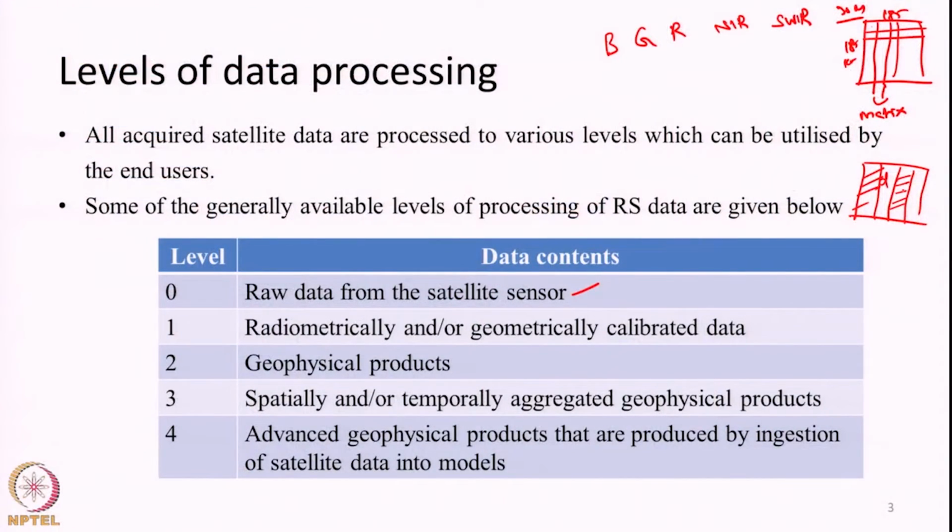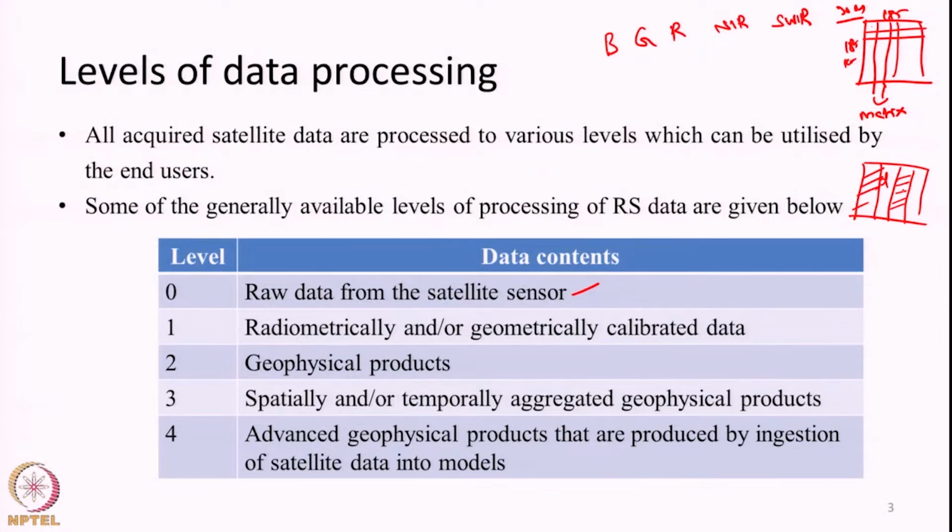The satellite will not directly observe them; it observes radiance, brightness temperature and so on. We need to do some processing to get to level 4. So, level 4 are advanced geophysical products produced by ingestion of satellite data into models.